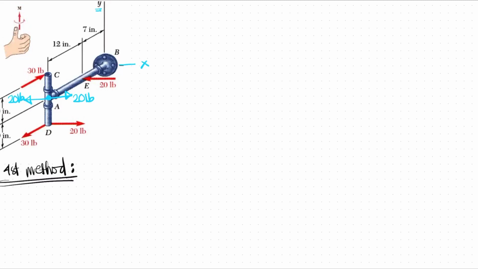Okay, so for the first method, we add two opposite forces of equal magnitude.